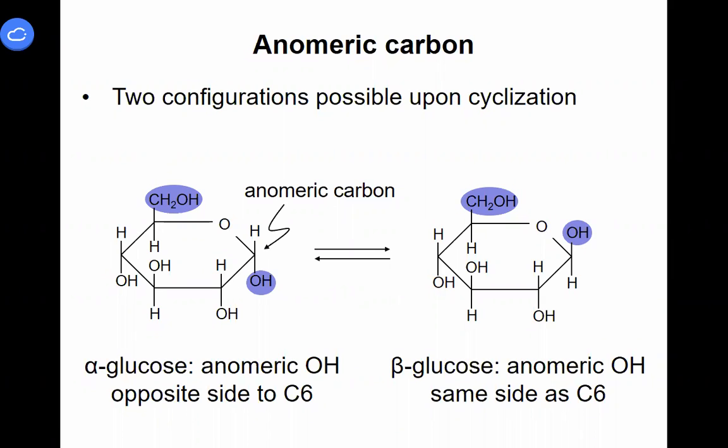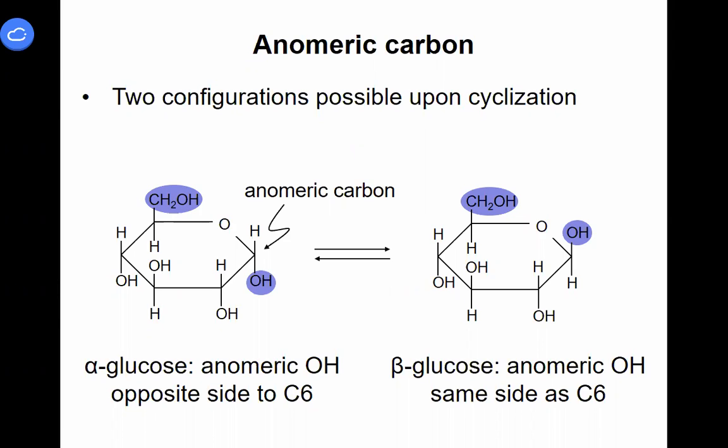And the way you can identify that is to look for the carbon that has 2 bonds to oxygen, because in the linear form of the monosaccharide, that carbon had 2 bonds to oxygen, right? A double bond between carbon and oxygen. In this structure here, you can see that same carbon also has 2 bonds to oxygen. It's just 2 different oxygens, okay? Whereas all the other carbons have only 1 bond to oxygen. So if you're ever looking for this anomeric carbon that used to have the carbonyl on it, you just look for the carbon that has 2 bonds to oxygen.